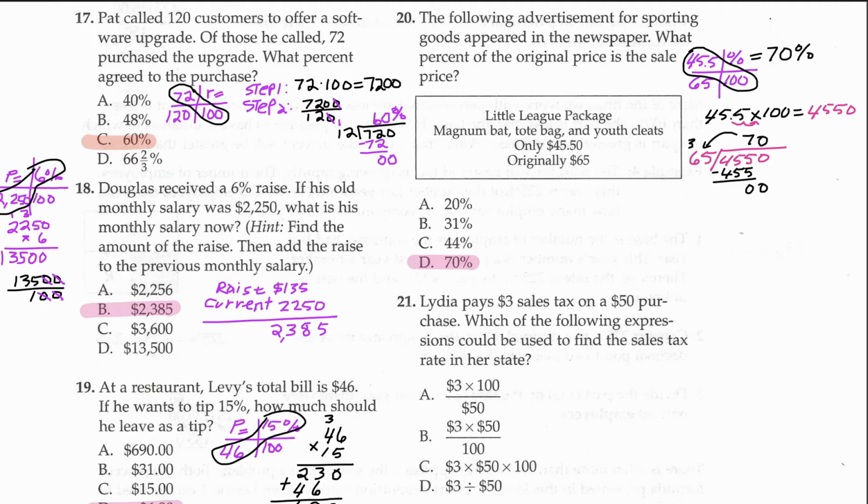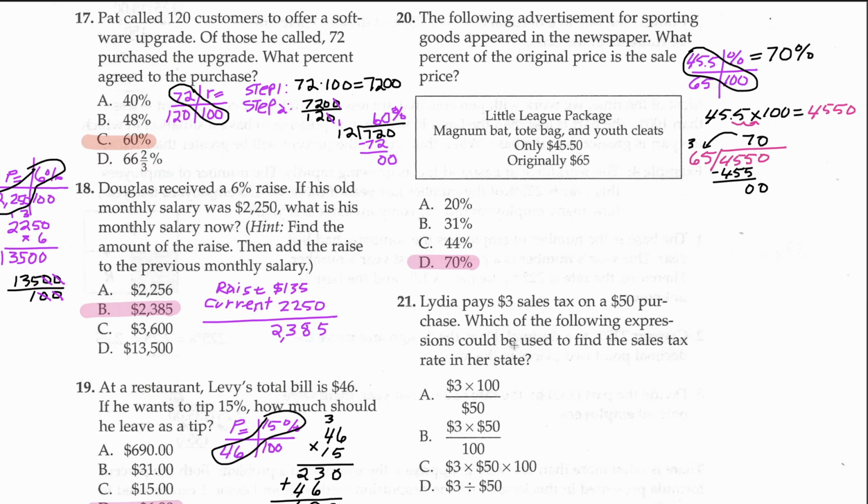Now let's work on number 21. Lydia pays $3 sales tax on a $50 purchase. Which of the following expressions could be used to find the sales tax rate in her state? So expression, meaning that we don't need to find the exact answer.